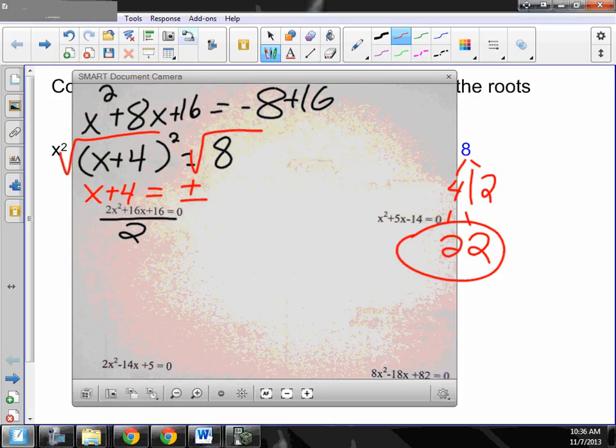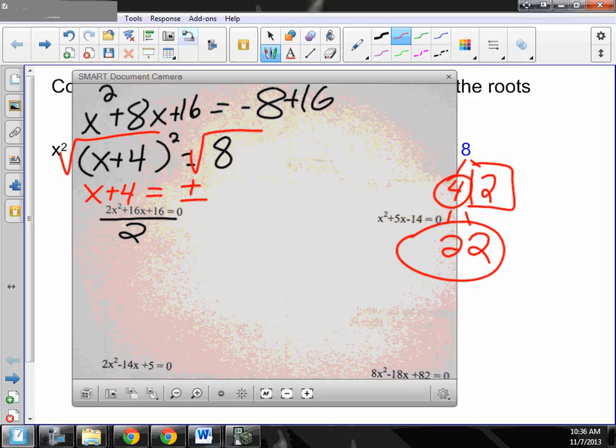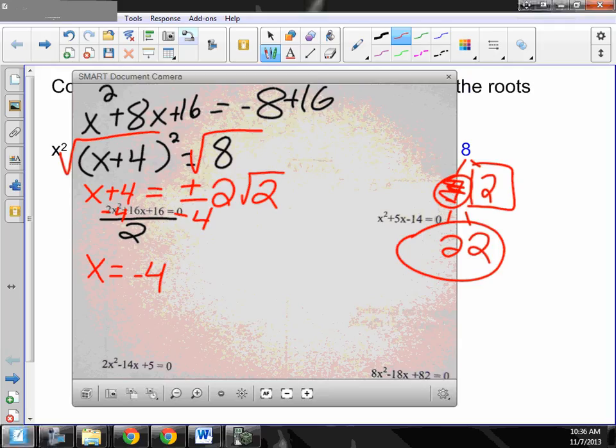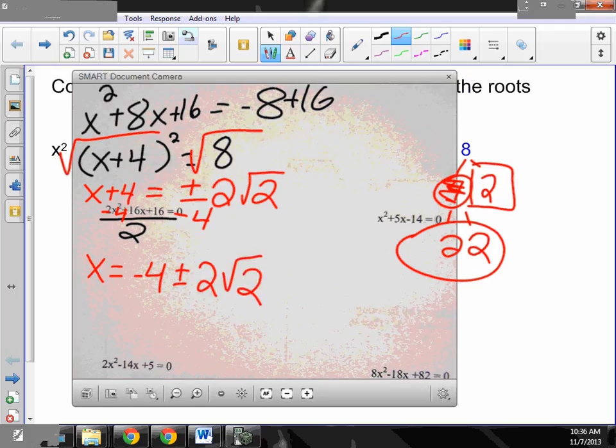I have a 2 left over. What about this 4? It's not prime, so we throw it out. So x plus 4 equals plus or minus. I bring out a 2, and I leave in a 2. And now when I subtract 4 to the other side, I get x equals negative 4 plus or minus 2 root 2. That wasn't too bad, was it?